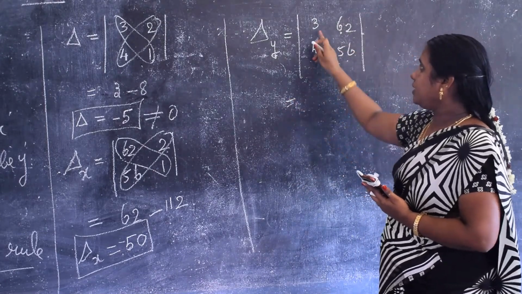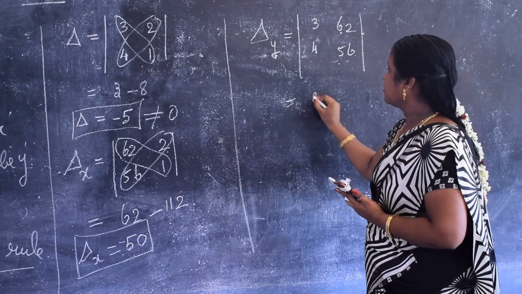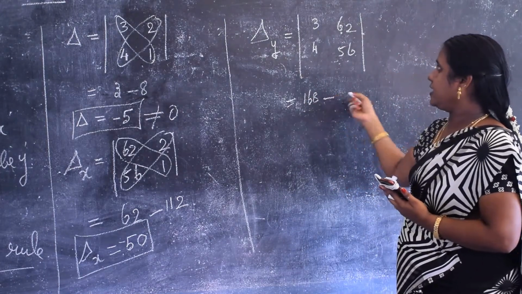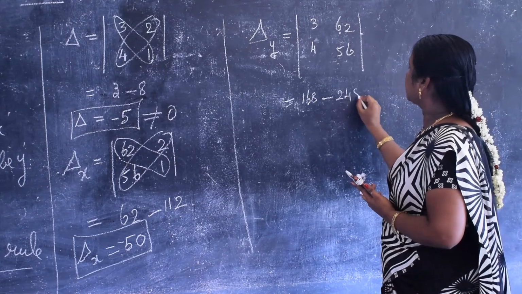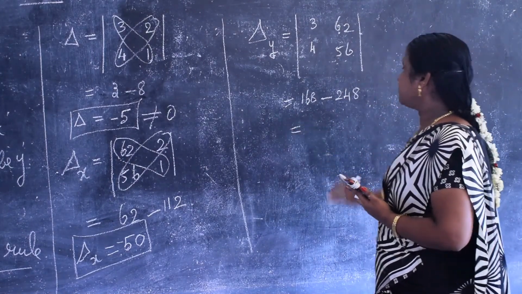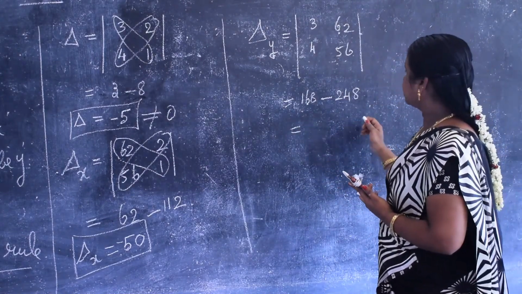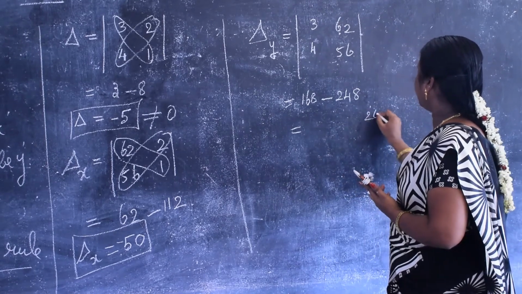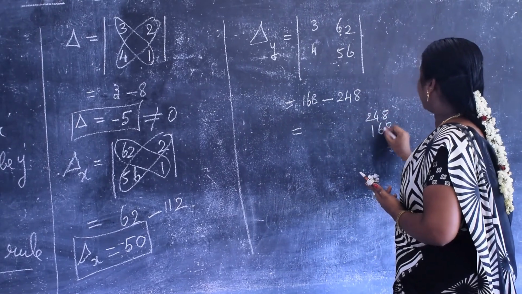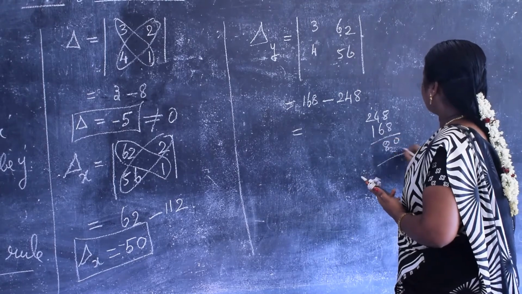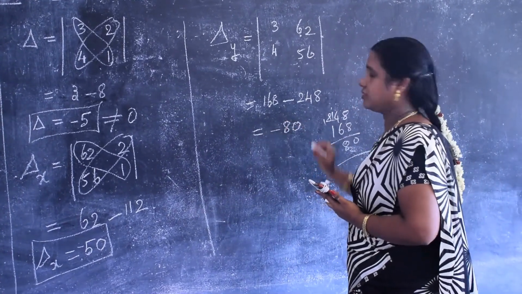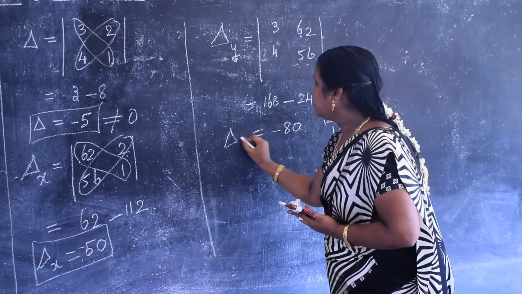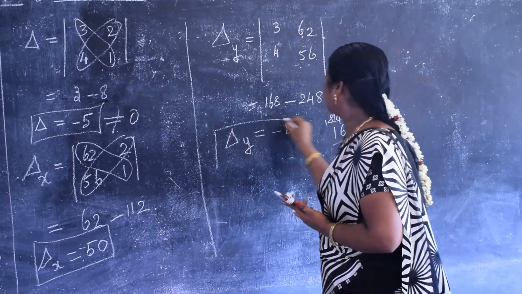Again cross multiply: 3 into 56 is 168, minus 4 into 62, which is 248. Now subtract this. What is the answer? 168 minus 248, our answer is minus 80. Have you understood? This is our delta y value.